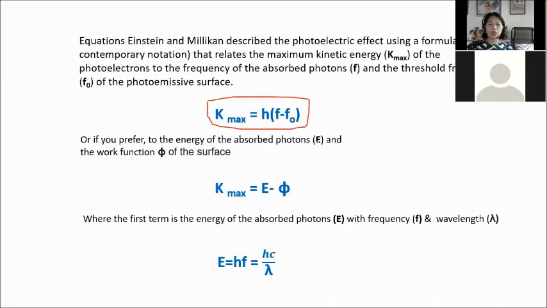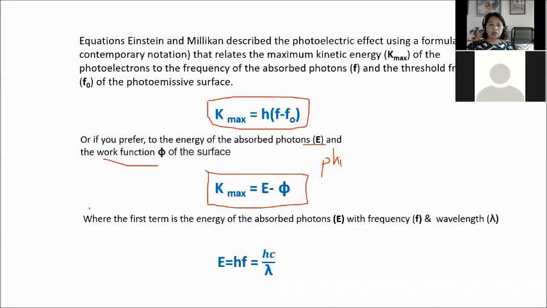And in terms of energy and work function, we can also express kinetic energy as the energy of an absorbed photon, E, minus the work function, phi.